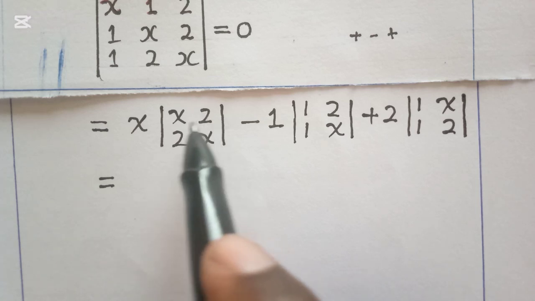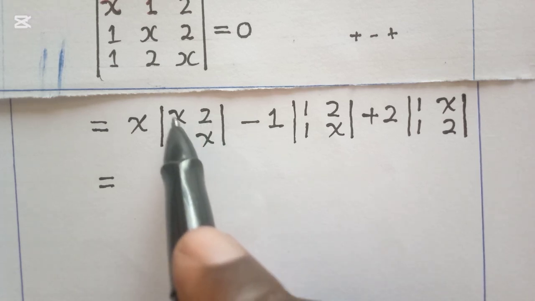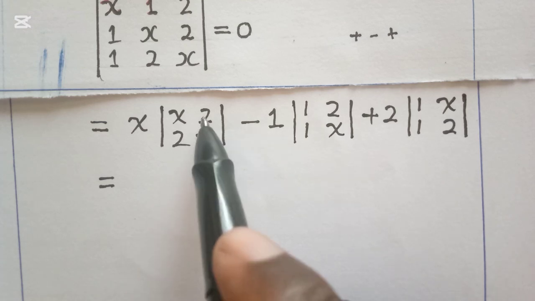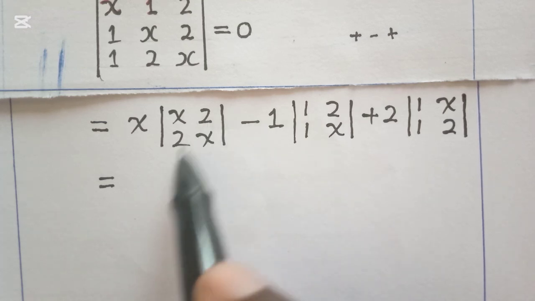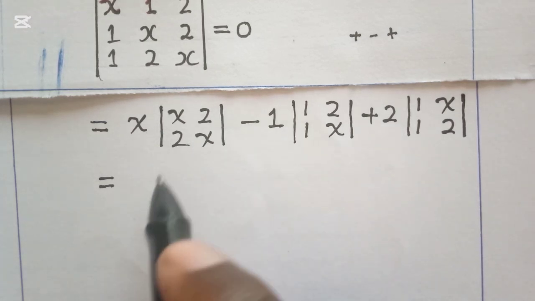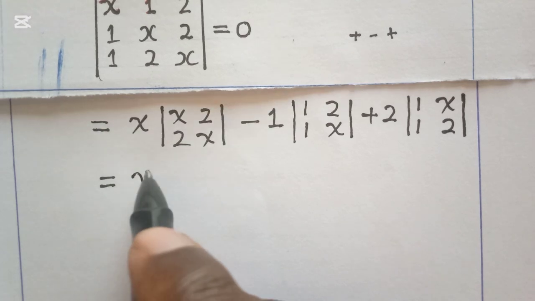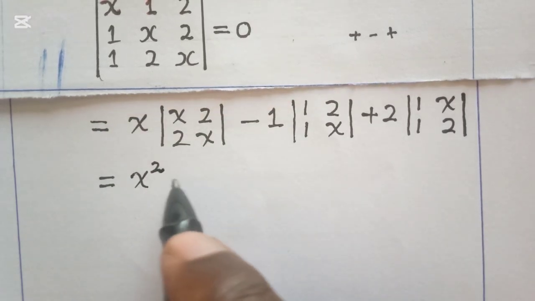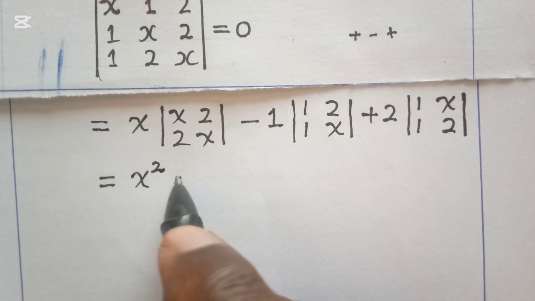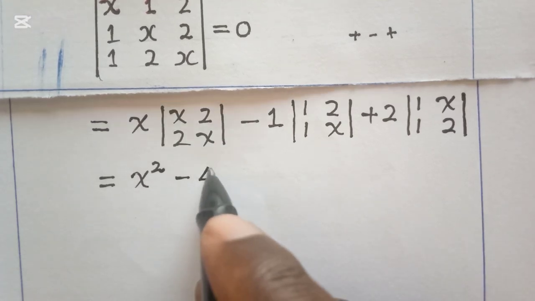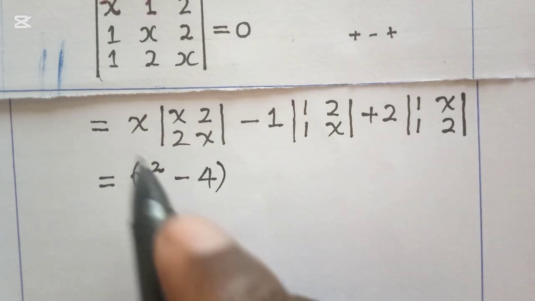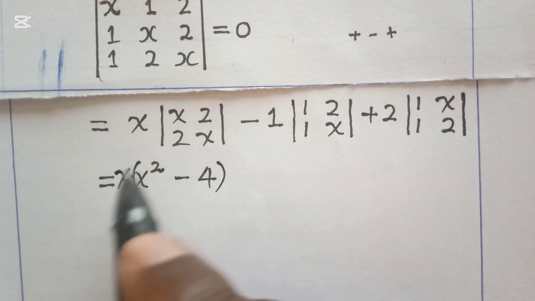When we are looking for the determinant, we multiply the major diagonal, minus the minor diagonal product. So this is going to be x squared minus 4, like that. And this one is multiplied by x, which is this x.